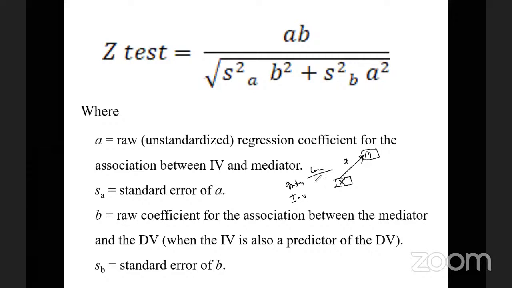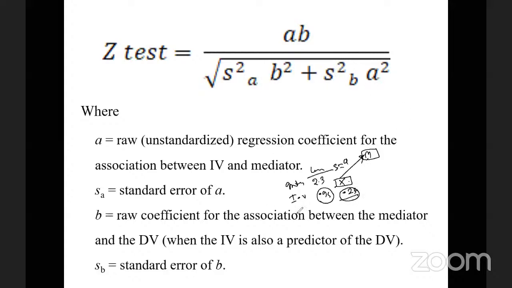For example, the intercept is 2.3 and the coefficient is 0.93, and next to this we find the standard error, for example 0.23. So A is the unstandardized regression coefficient for the association between X and M, and SA means the standard error.